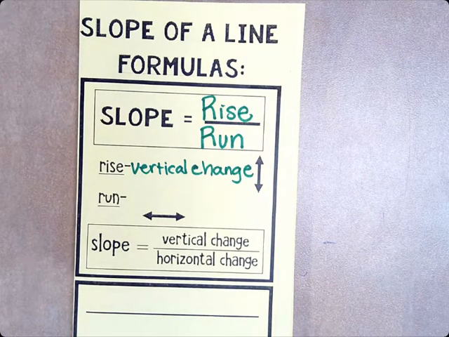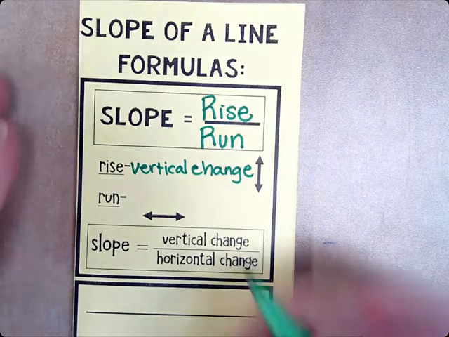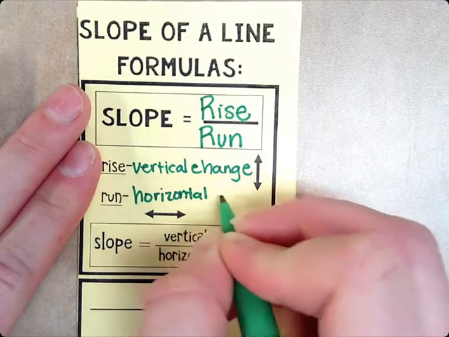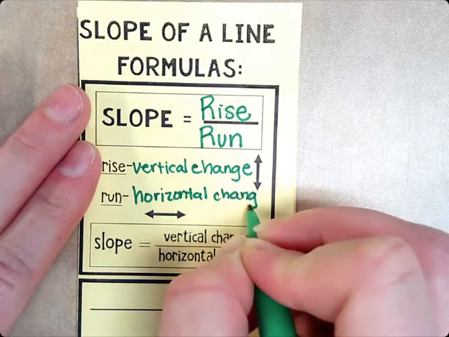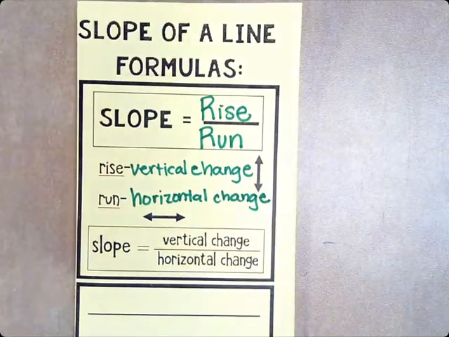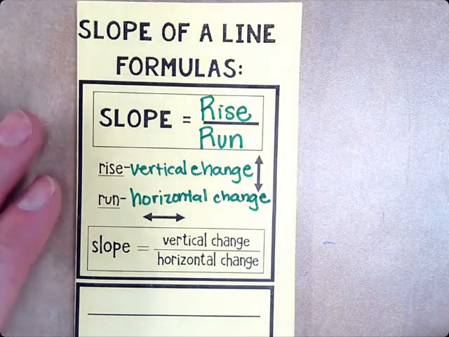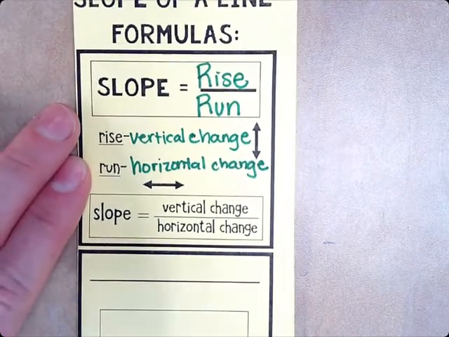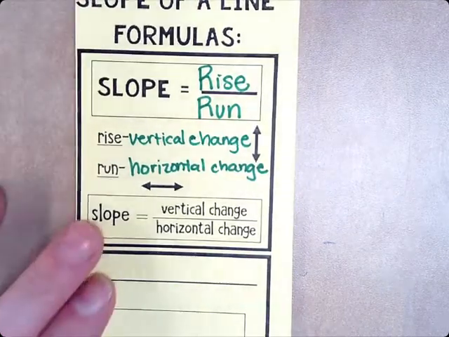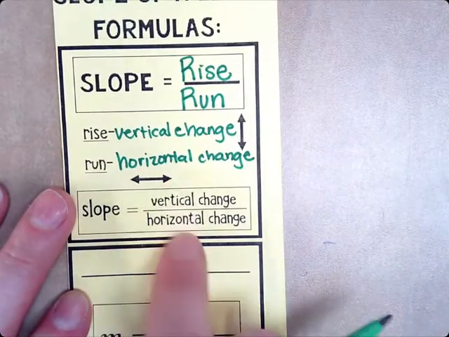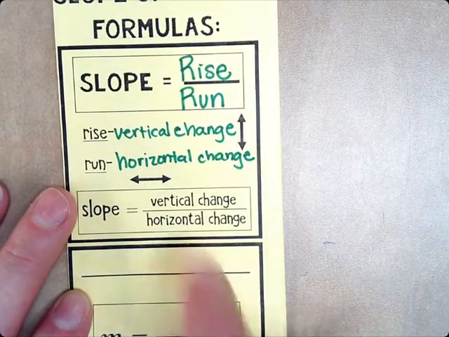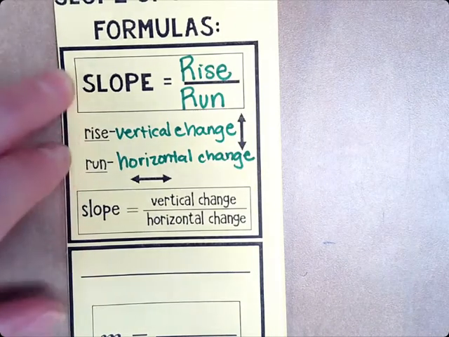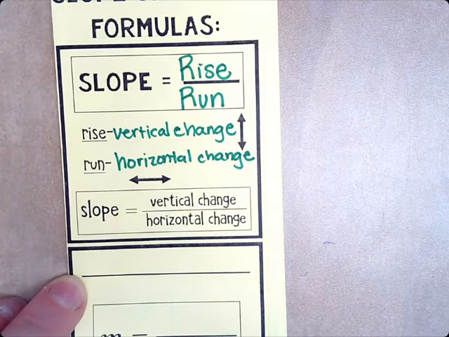And then you go right. That is going to be our horizontal change. And then to find your slope, you put it as a fraction, vertical change over horizontal change. So you find this using a graph.